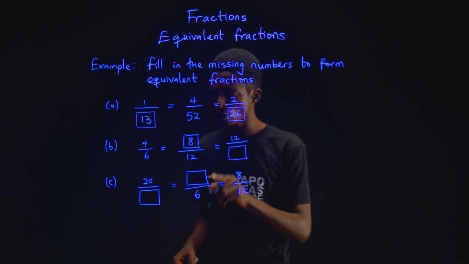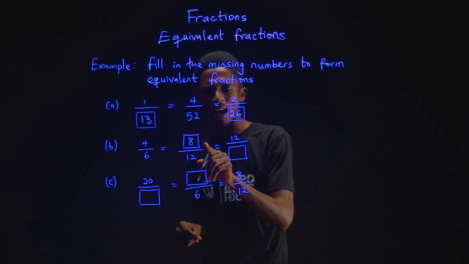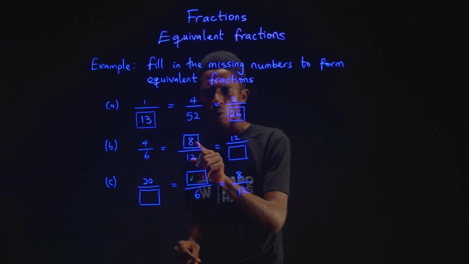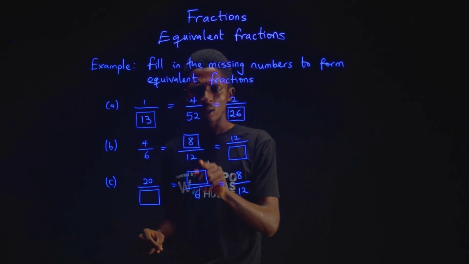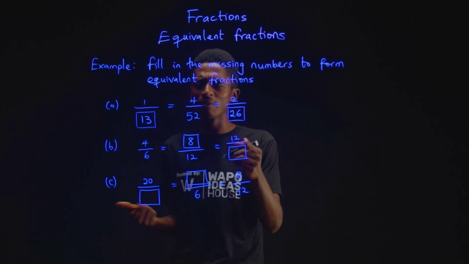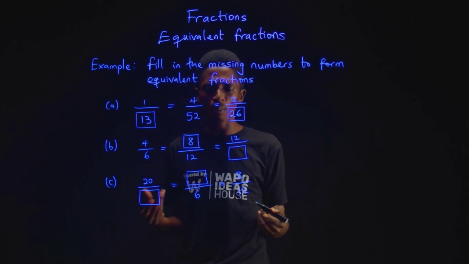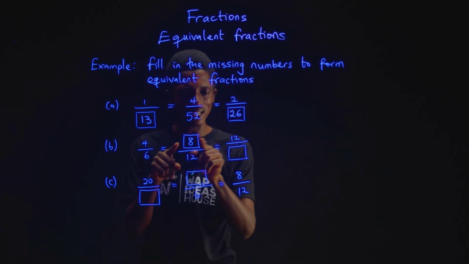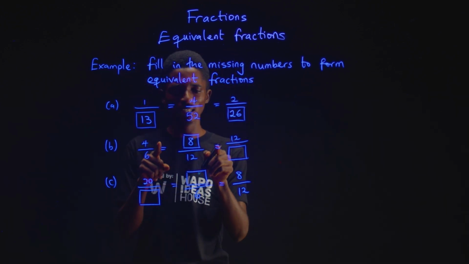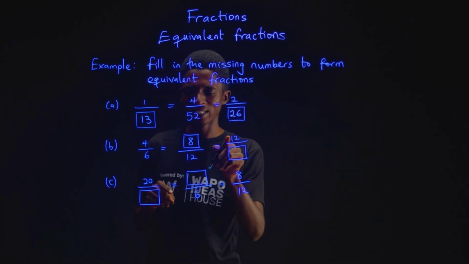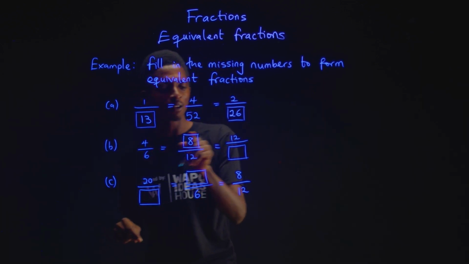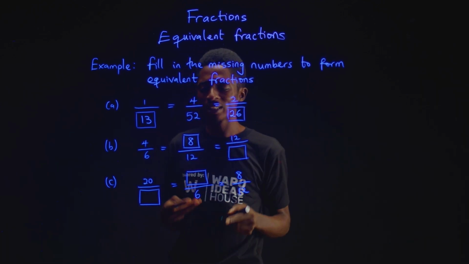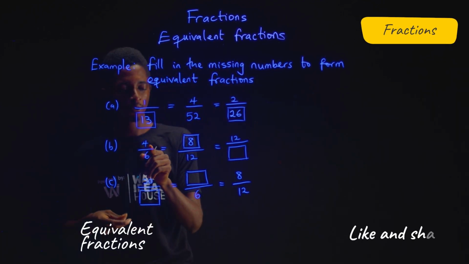Then to the final part of question B, we have 12 and then an unknown number. When you observe this, 8 multiplied by what will give me 12? There is no multiple here. That is, I have to think back now. So since there is no direct relationship here, I can then look at 4 and 12. Now looking at 4 and 12, you agree with me that 12 divided by 3 would give me 4.